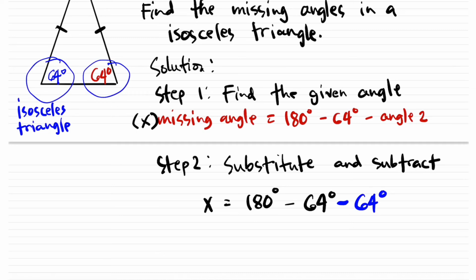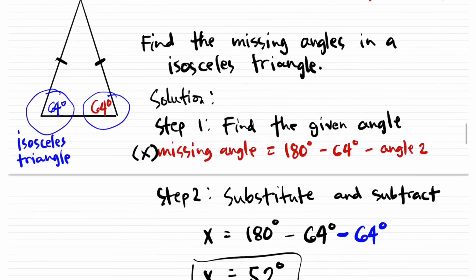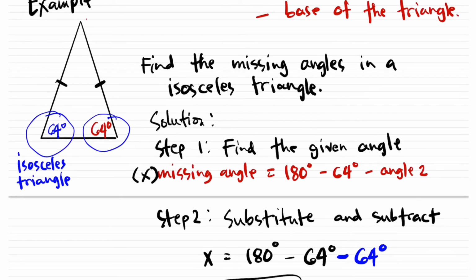Alright, so therefore we can write now x is equal to 180 minus 64 minus 64, x is equal to 52 degrees. So therefore the missing angle here is equal to 52 degrees.